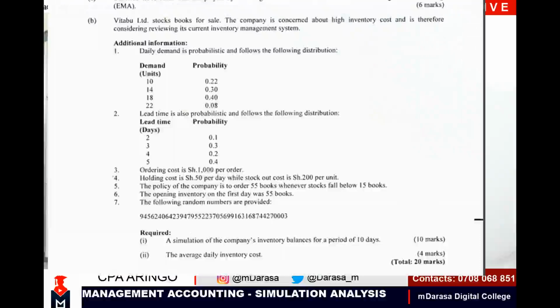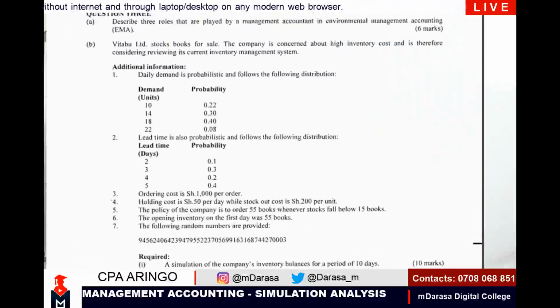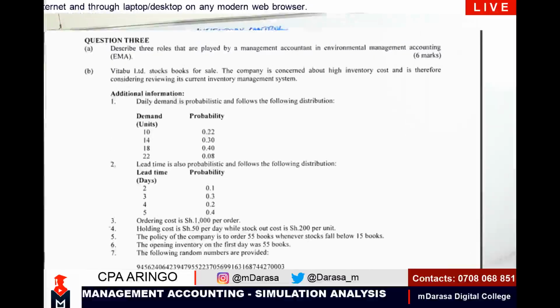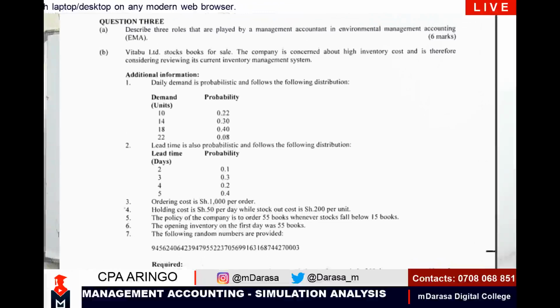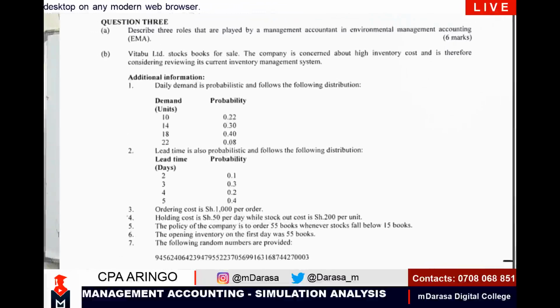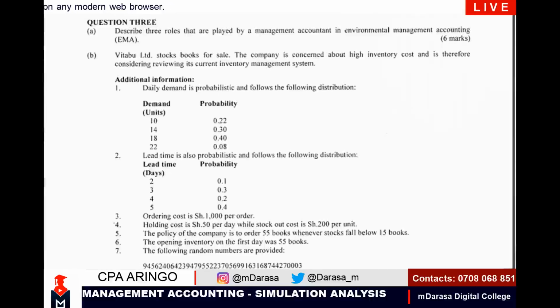In our question, this is what we are told. November 2018, question number 3, part C. This is what we are told, my good student, that Vitabu Limited stocks books for sale. The company is concerned about high inventory cost and is therefore considering reviewing its current inventory management system.